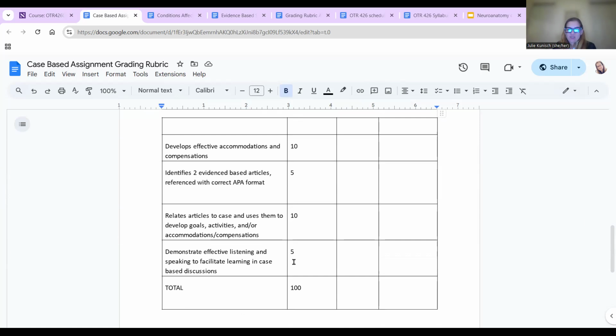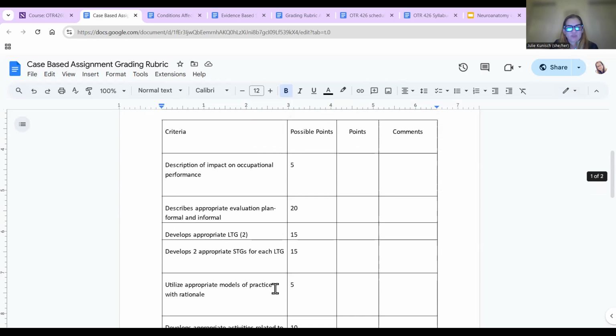The following week in lab, you will get together with the other groups and talk about your case. You'll present your case basically to the other people that were not in your group, and then you'll talk about your cases together. That's what this 5 points is at the end. I have a whole facilitated case study presentation thing to follow, and we'll talk about that more specifically when we get together.